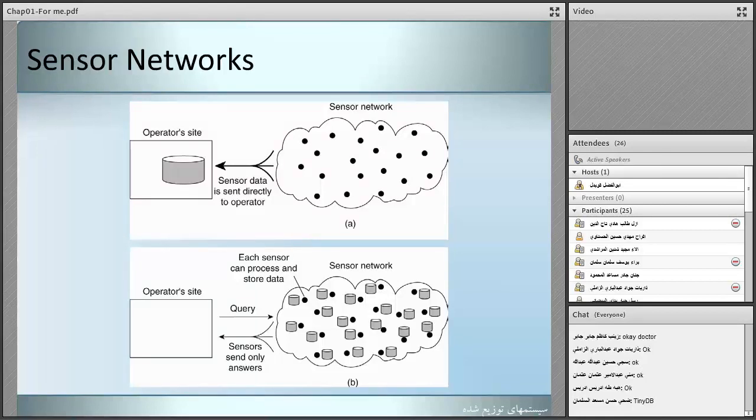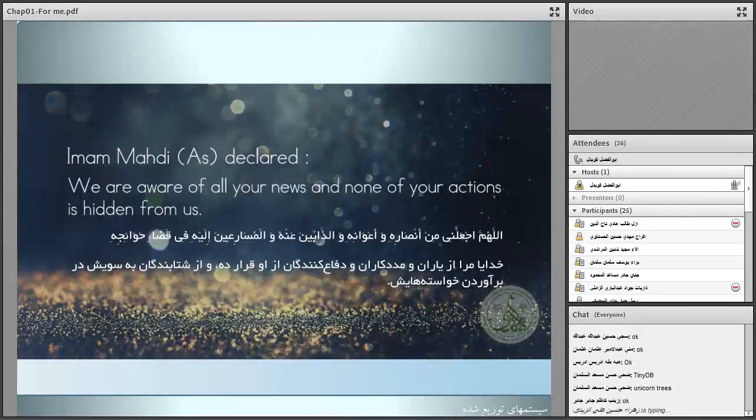One another good example of sensor networks is traffic monitoring. We can use many sensors in different streets in a city and monitor the amount of traffic jam, such as monitoring animals' movement in forests.